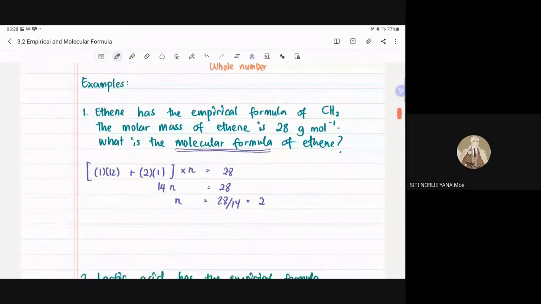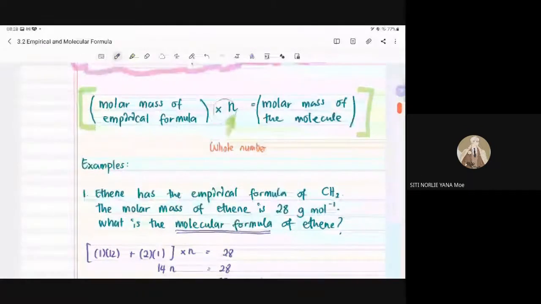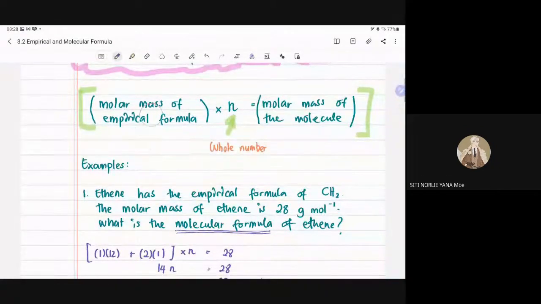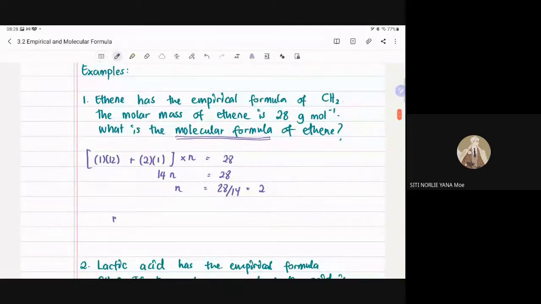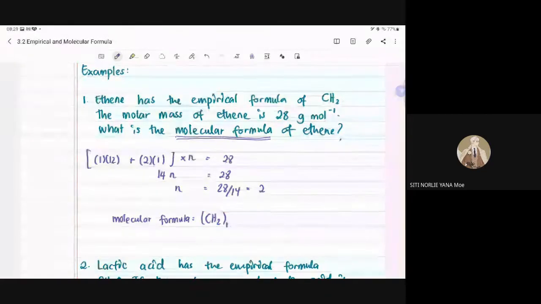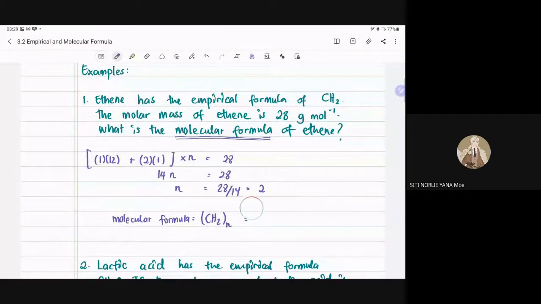Okay, so sebab kita tahu N ini adalah gandaan dia. N adalah gandaan empirical formula untuk dapatkan molecular formula. Kalau kita tengok di atas, N adalah gandaan empirical formula untuk dapatkan molecular formula. Jadi, the molecular formula is equals to CH2 multiplied by N. Jadi, N adalah 2.